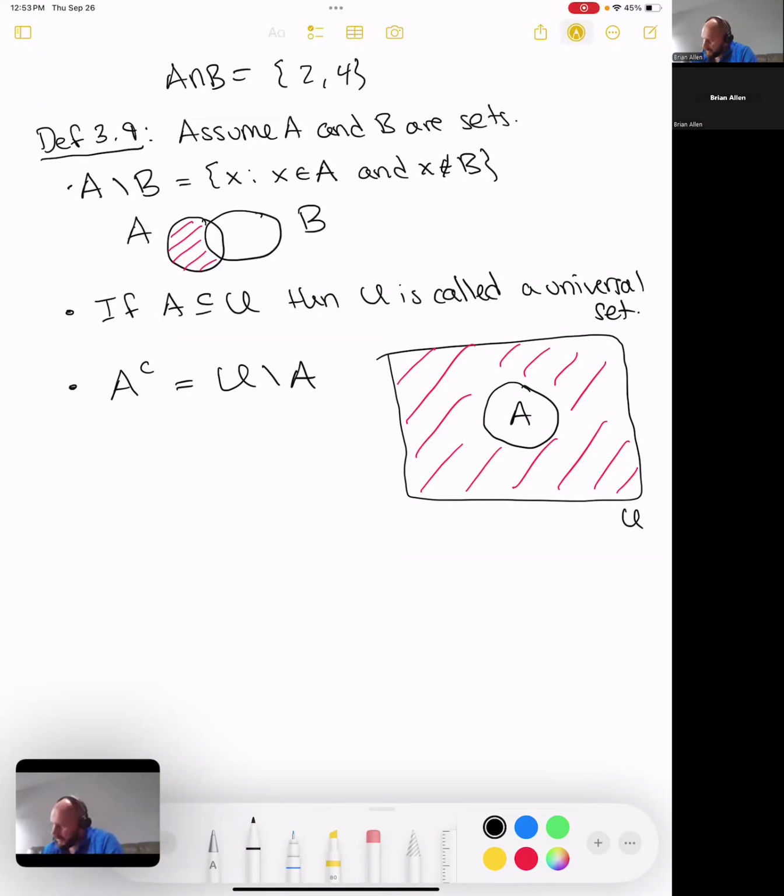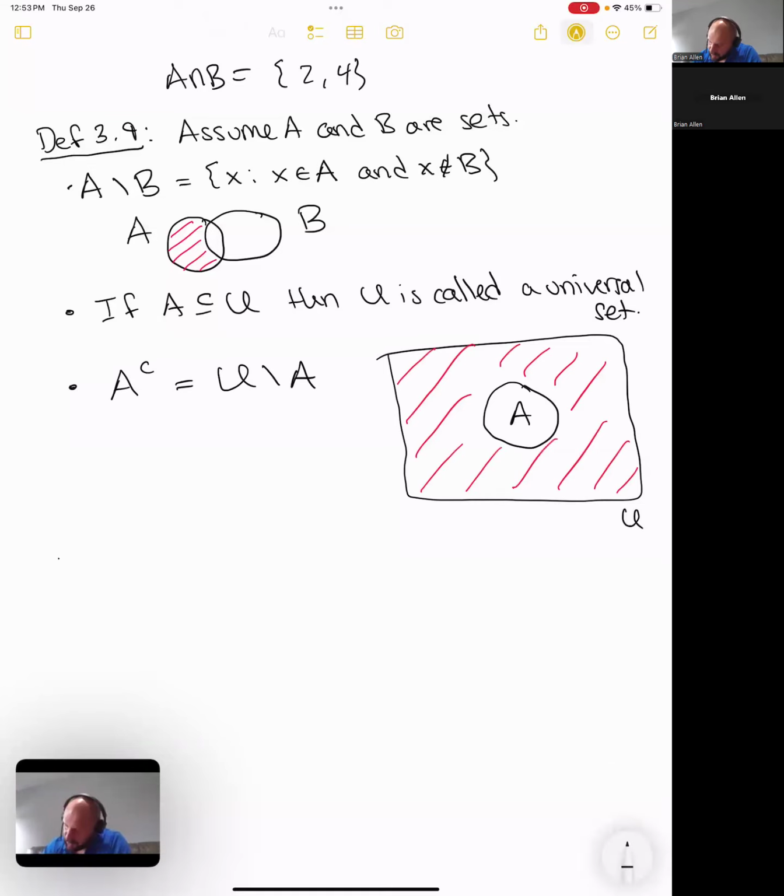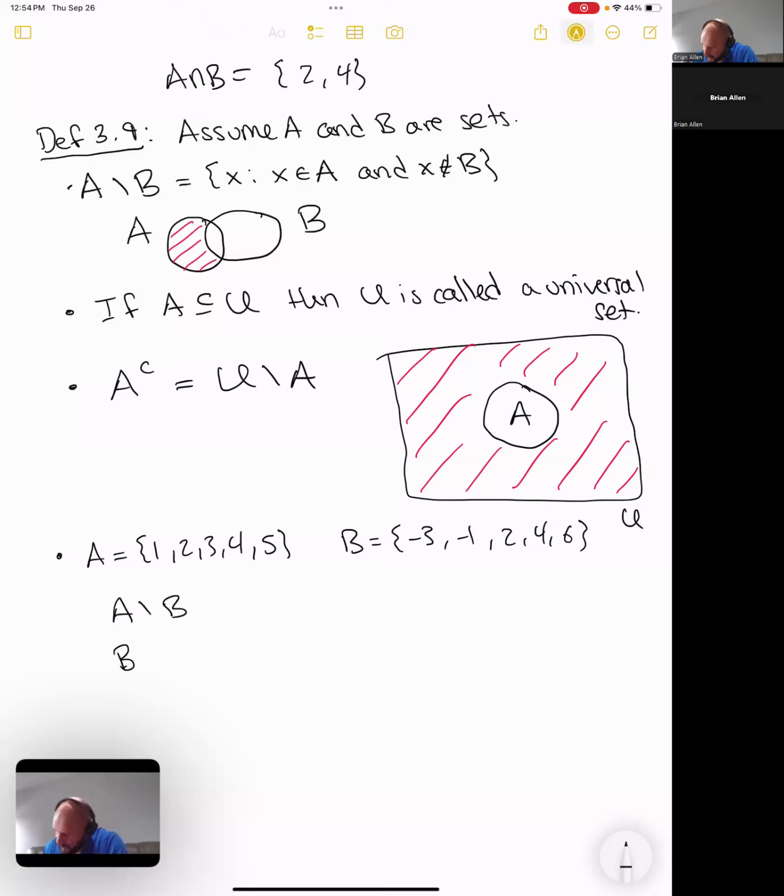Okay, so now we can play a little bit with some more examples. So let's say A is the set 1, 2, 3, 4, 5, and let's say B is the set -3, -1, 2, 4, 6. Now, you might want to pause the video for a second and figure out what these things are equal to first, and then check with what I get.